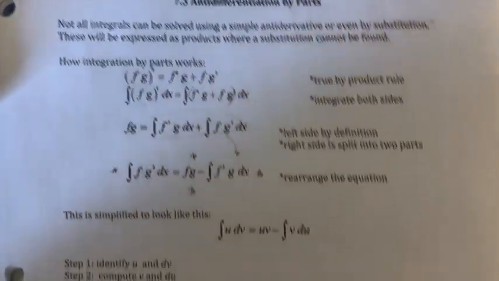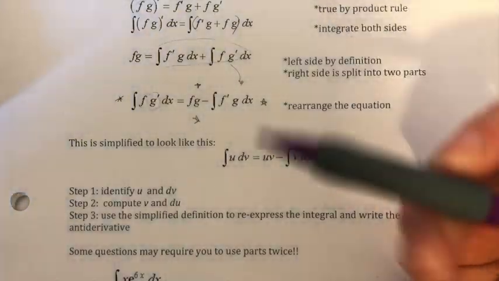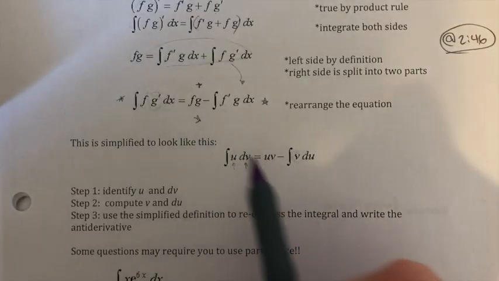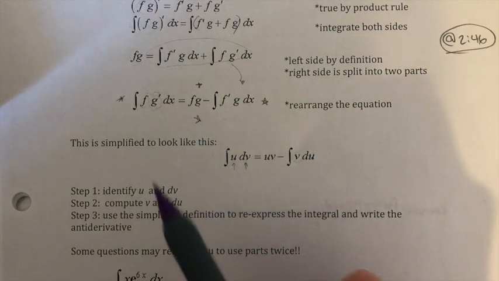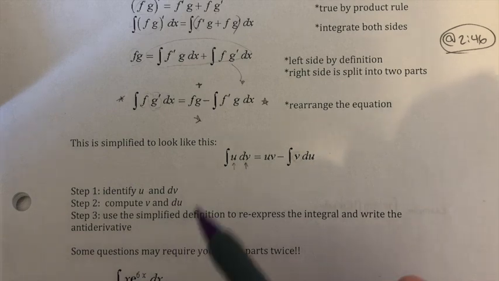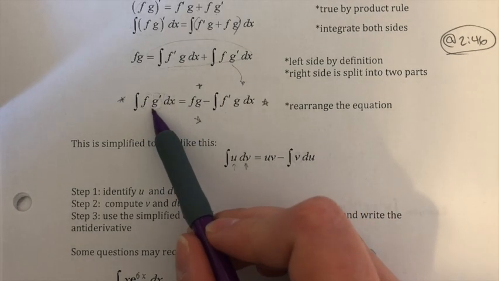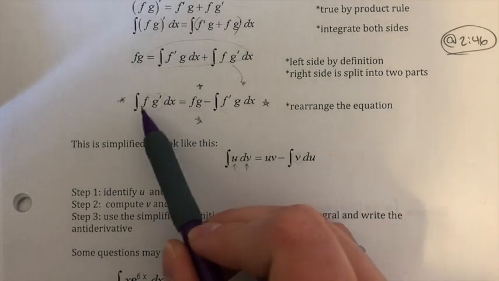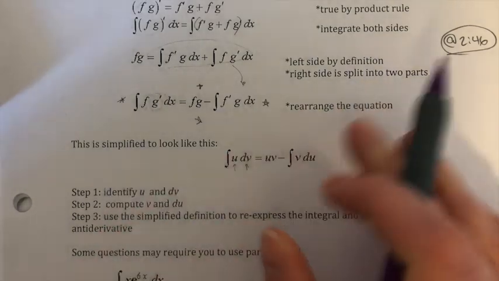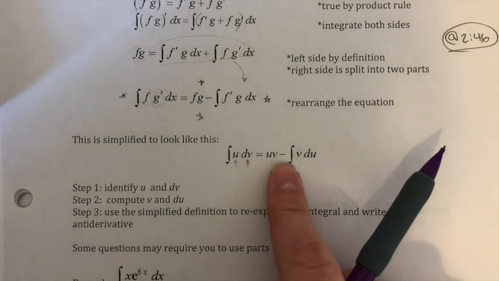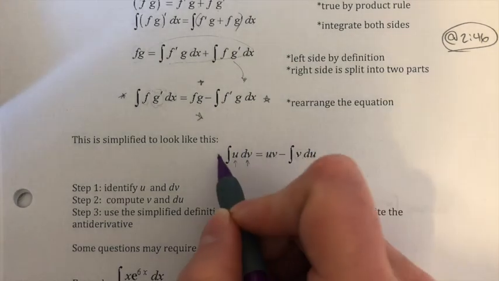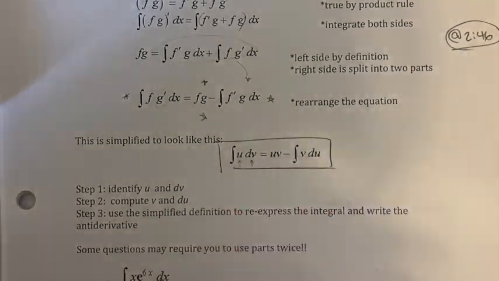It's often simplified to look like this. These two things are essentially the same thing. I think this is just a little bit easier for us to work with. We've got a derivative of one, an integral of the other, and the original. Same sort of thing, just an easier way to look at it. I think this is what is on your formula sheet, so this is the one that we're going to use.